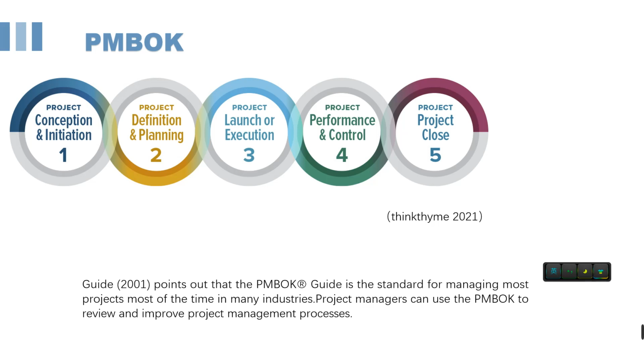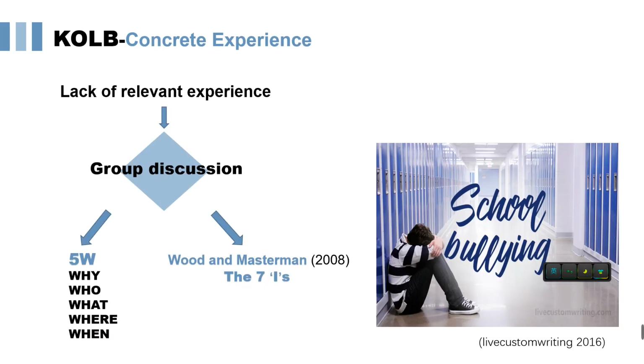The PMBOK provides a comprehensive approach for a project manager, and the project manager can use the PMBOK to ensure that they lead their project to success, and even use it to refine their own project process. And we will use the five sections of the PMBOK to introduce our online events.